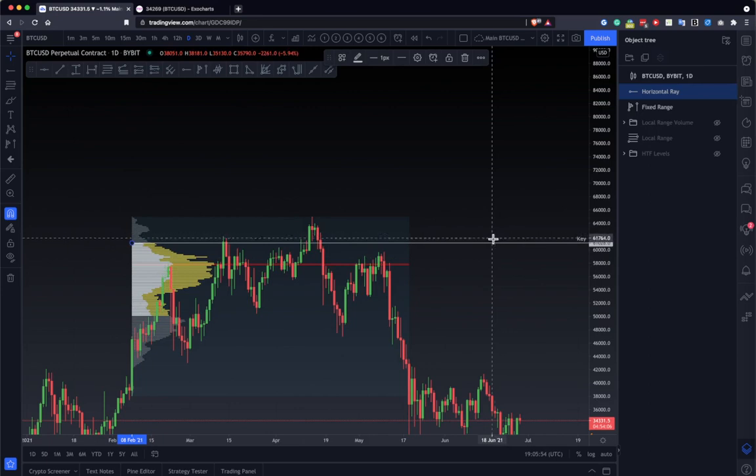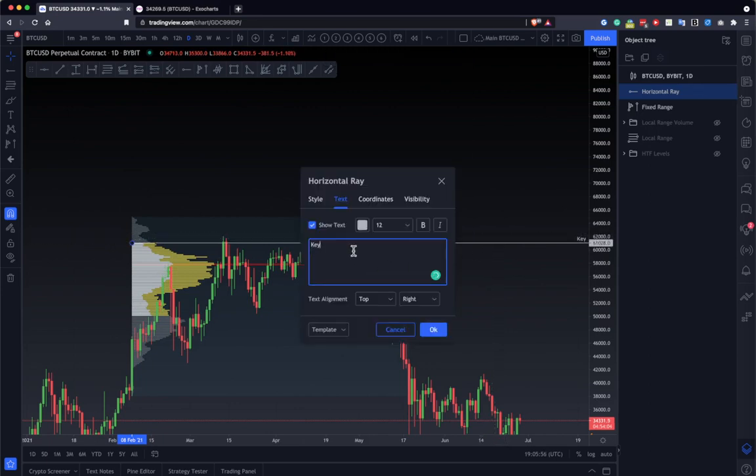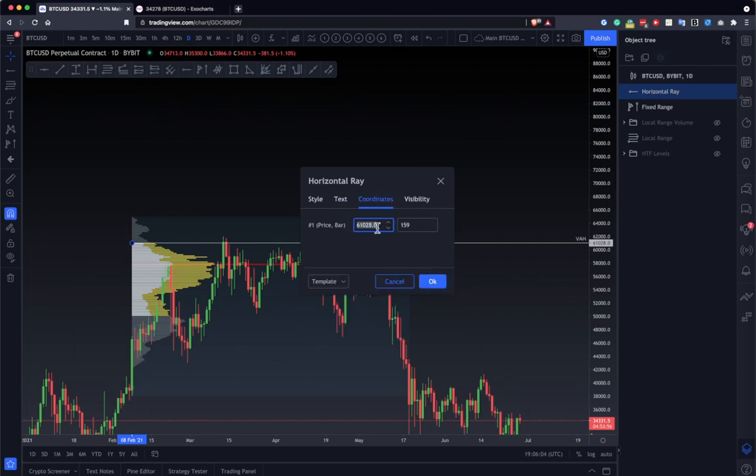This is pretty good as well, so if you don't have Exocharts for this purpose, it doesn't make that much of a difference on high level, high time frame levels.